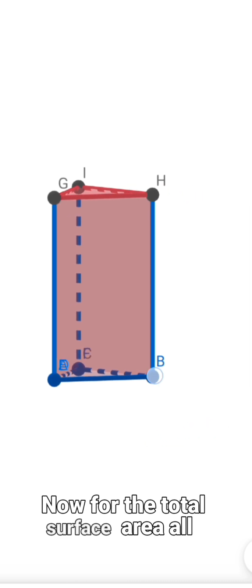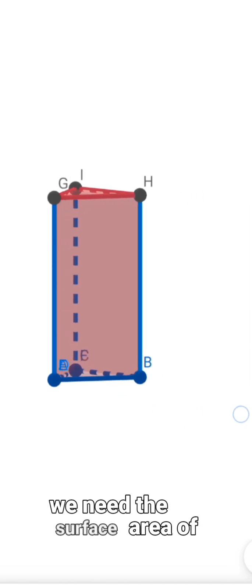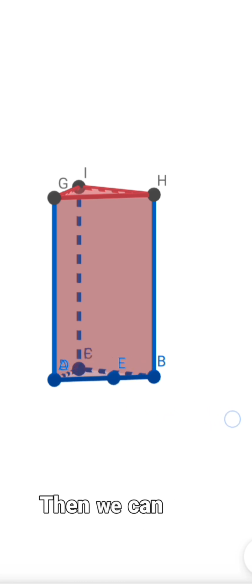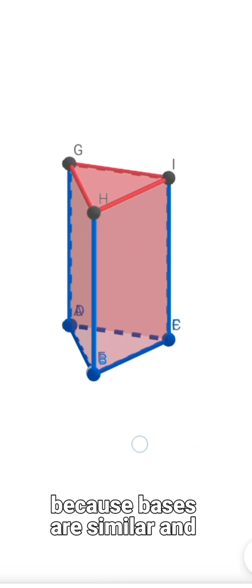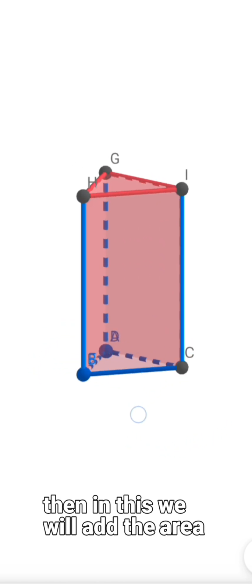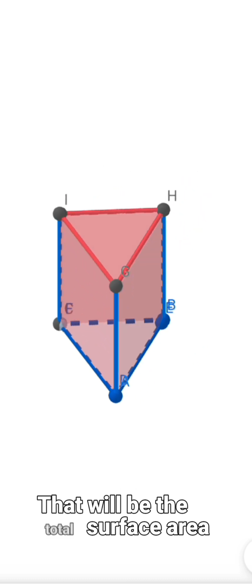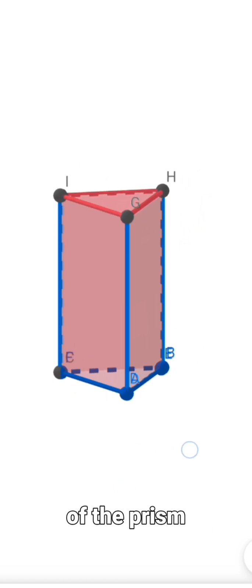Now for the total surface area, all we need is the surface area of the base, or here specifically the triangle. Then we multiply it by 2 because the bases are similar. And then to this we add the area of these 3 rectangles. That will be the total surface area of the prism.